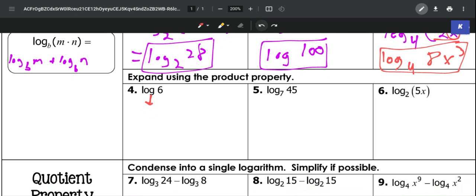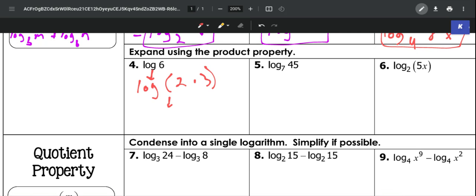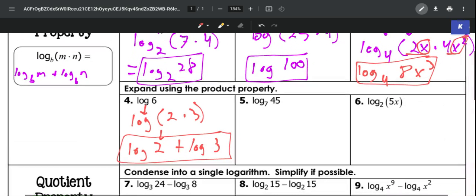So we'll have log of 2 times 3, and then that would expand further into log of 2 plus log of 3.